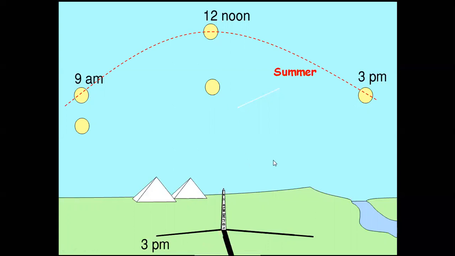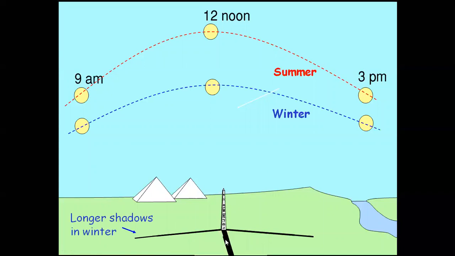We've looked at why this is what we expect, how we expect the shadow to be by winter. By winter, we expect a much longer shadow compared to summer. And at noon time, we expect a much longer shadow that is neither to the right nor to the left. Okay?